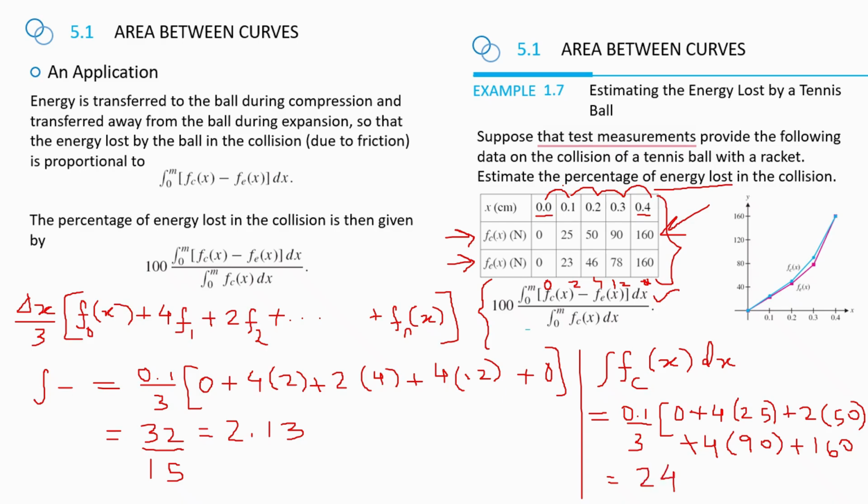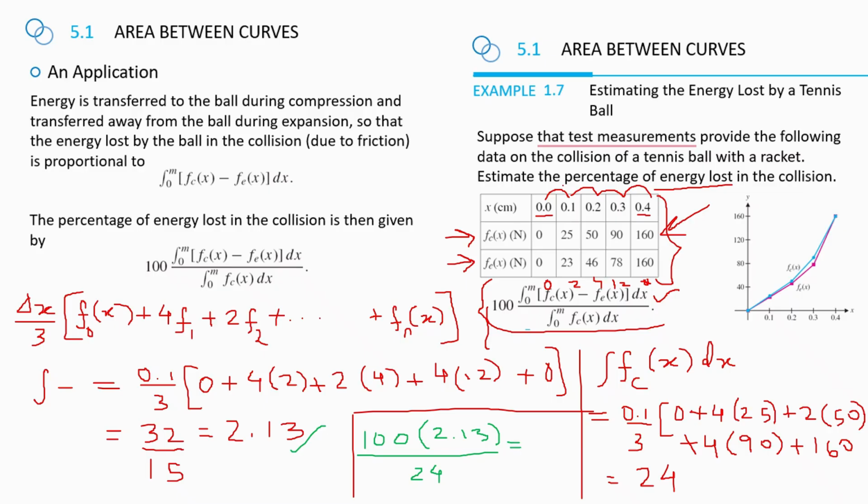Now let's substitute in our formula, 100 times. I changed the color of my pen to green. So 100 times your numerator, which you already got by subtraction, that is 2.13, divided by your denominator, which is 24.